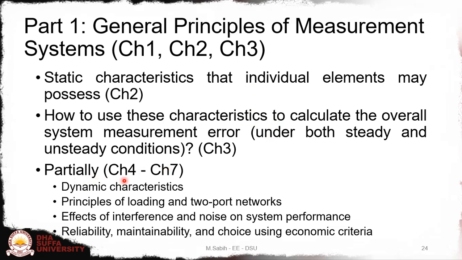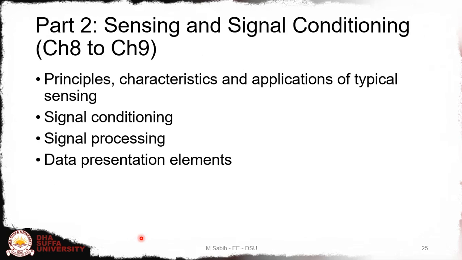And we will partially cover a few items from chapters 4 to 7, for example some ideas about the dynamic characteristics, the principle of loading, the effect of interference and noise, and reliability.